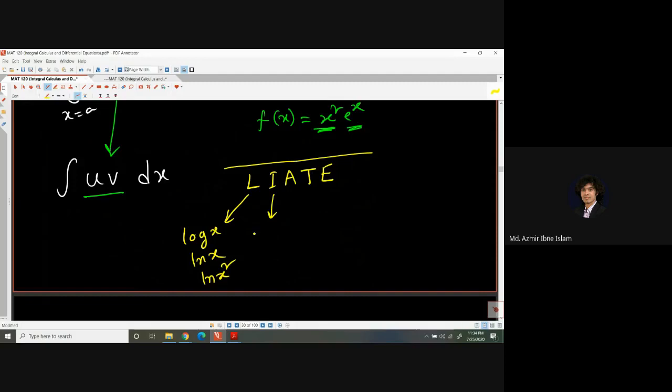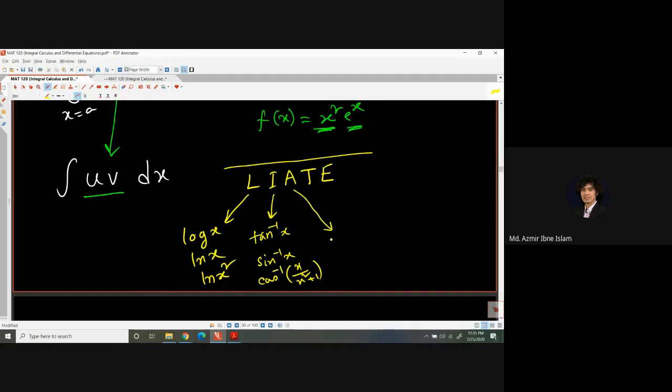I means inverse trigonometric function. That means tan inverse x, we may have sine inverse x, cosine inverse x, or x over x squared plus 1. So this type of functions are under the inverse part. I stands for inverse trigonometric function.